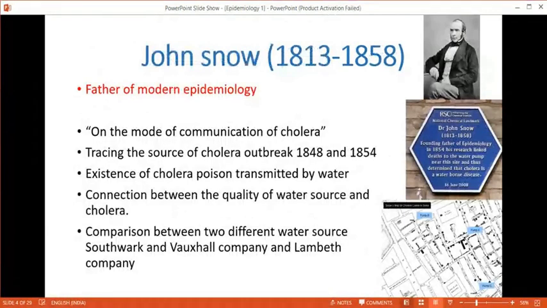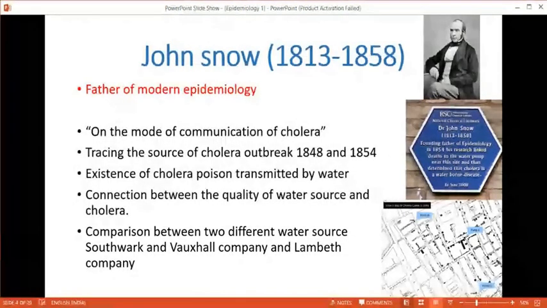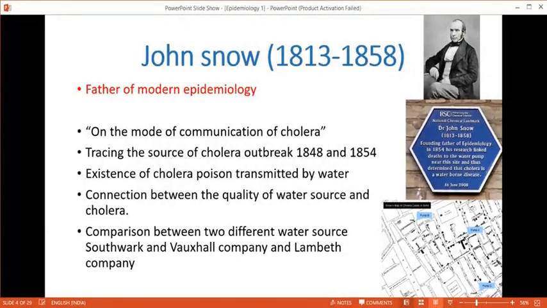And then John Snow, whom you all will know, the father of modern epidemiology. So when we talk about John Snow, it is about cholera. John Snow was actually working in the public health system, where he found out that there were a large number of cholera deaths happening in London.